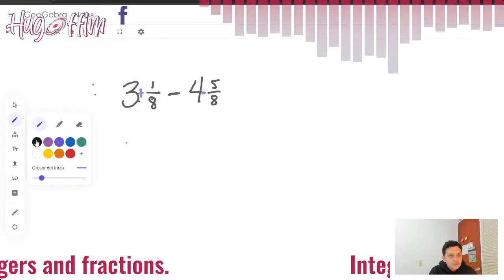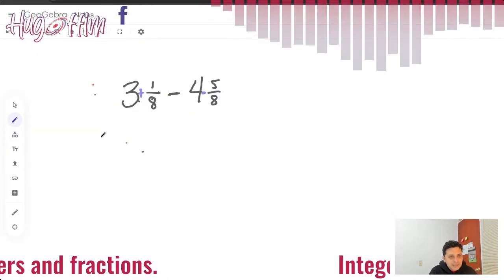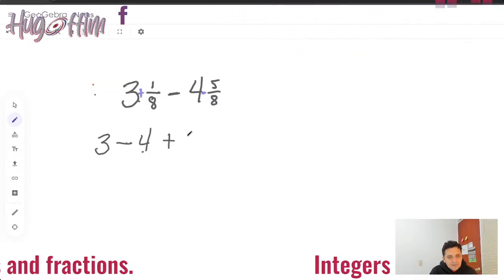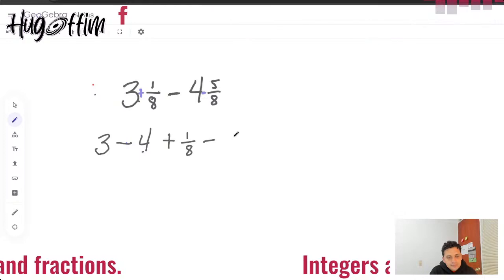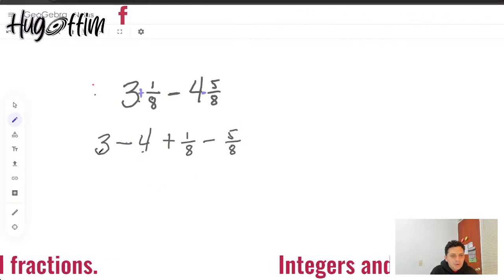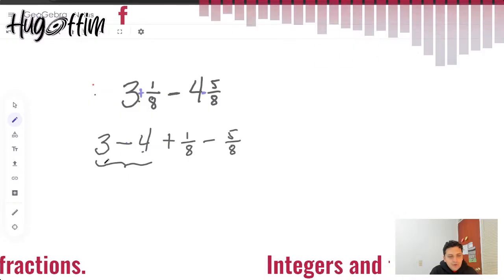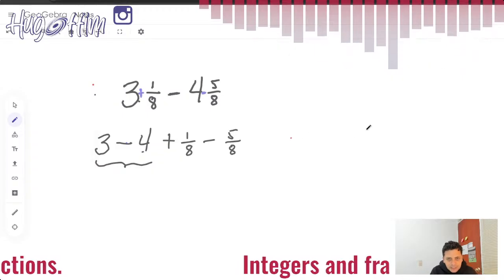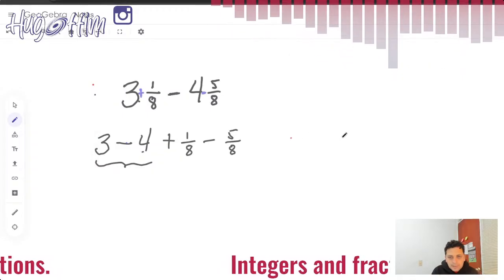So what I'm going to do is just separate integers and fractions. 3 minus 4. Let's go back to the integers part. Let's say that I'm learning integers, so I need to remember what to do.